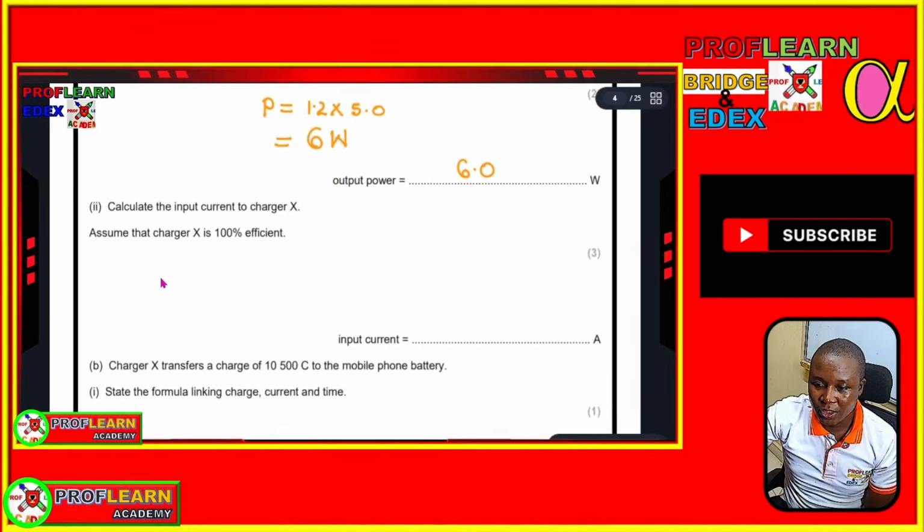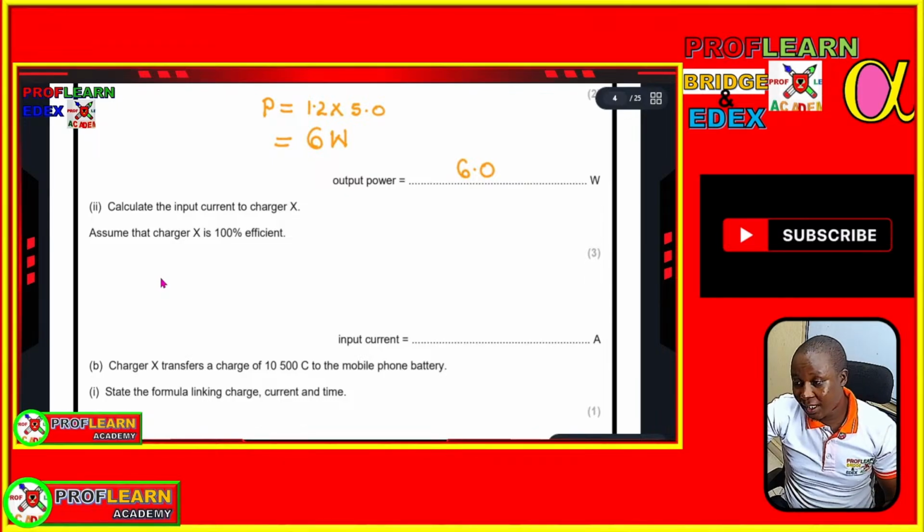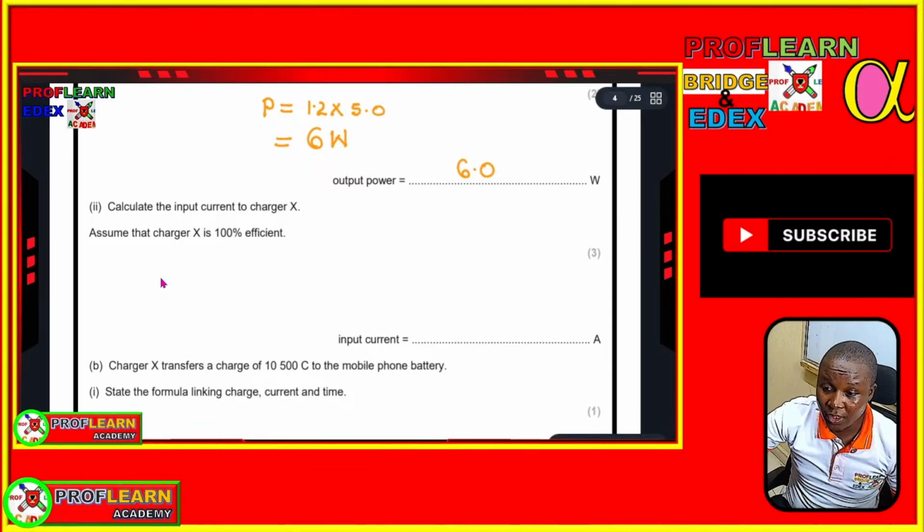The next part, we're supposed to calculate the input current for the charger. But the first aspect that we have to put into consideration is that power input is equal to power output. This is because we are told this transformer is 100% efficient.